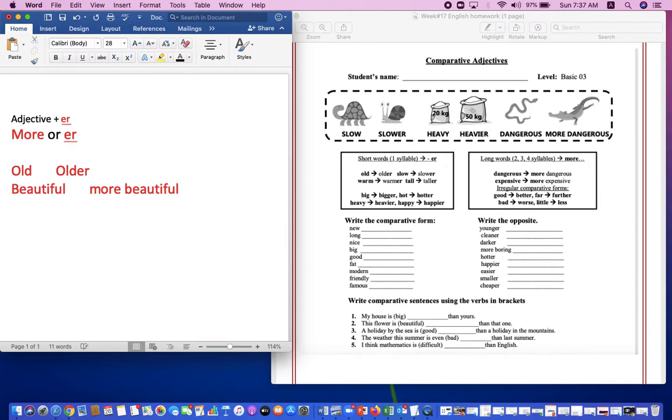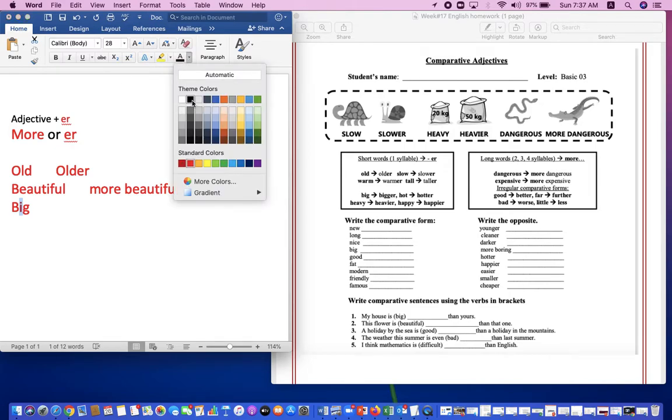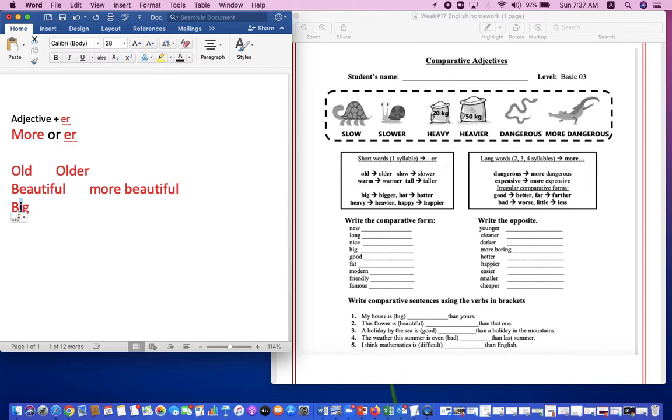Okay? This is number one. Number two, if I had a word like big, it has a vowel letter in the middle. The vowel letter had a fight before with the -er. So if I have a vowel letter in the middle, I have to double the letter after.